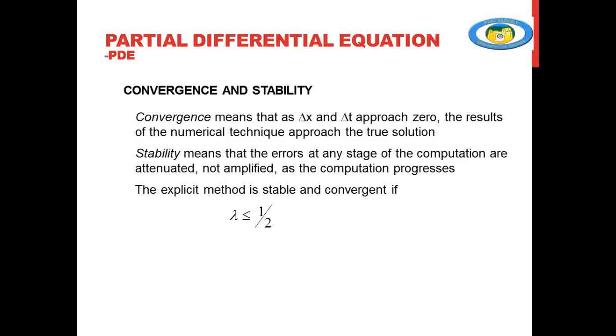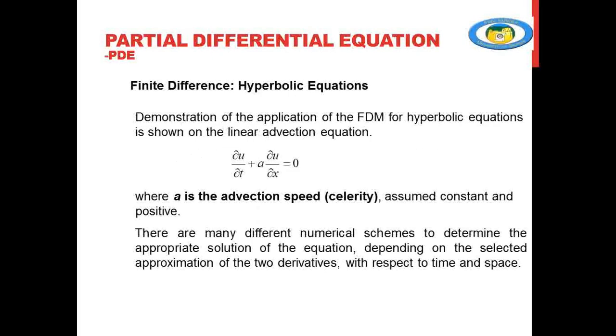Explicit methods would be stable and convergent for values of lambda less than or equal to half. We are going to prove this in the next chapter. Now let's talk about finite difference using hyperbolic equations.